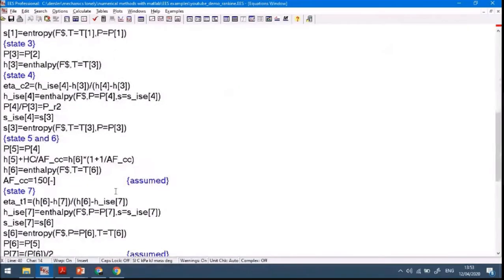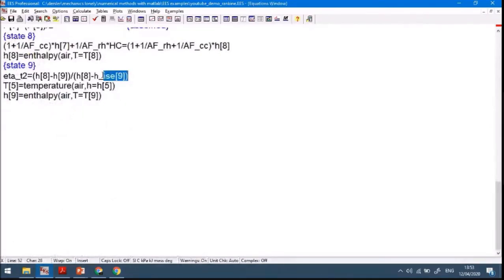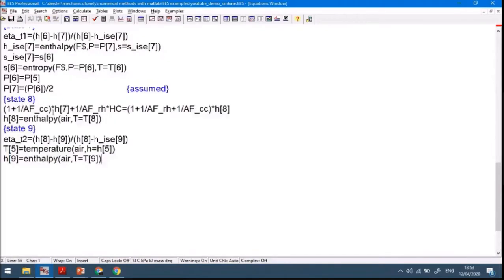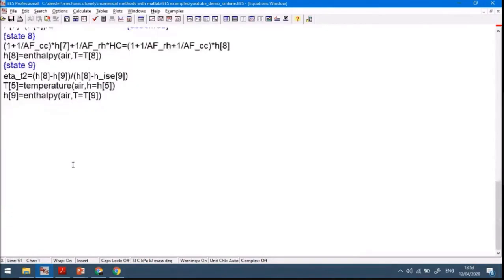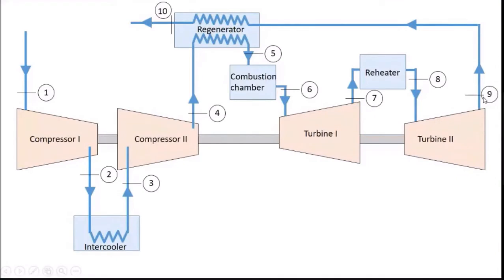But here I can also find the isentropic efficiency of 9. If I find it, I will have an excess amount of equations, so I will show you, and then I can erase one of these two values. Let's go back to isentropic enthalpy at 9. How can I find it?